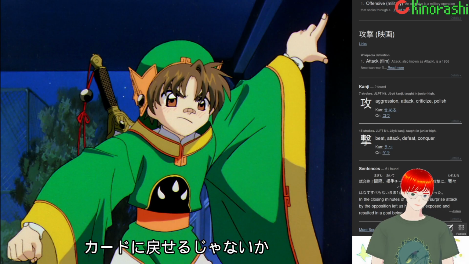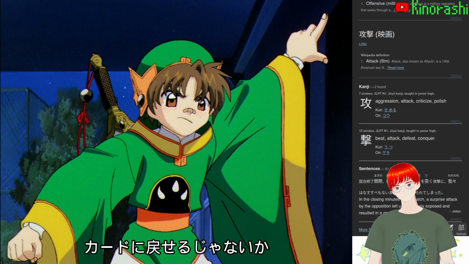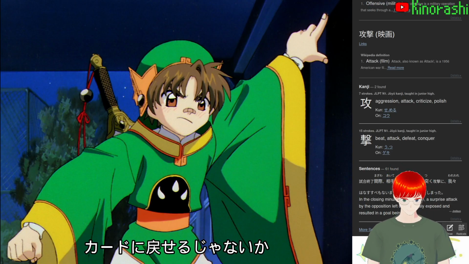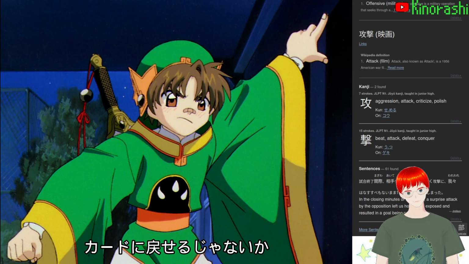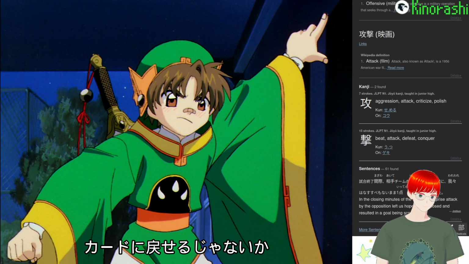カードに戻せるじゃないか. So, let's see. 戻す is to return, but he said 戻せる. So this is able to return. And then to be able to return.